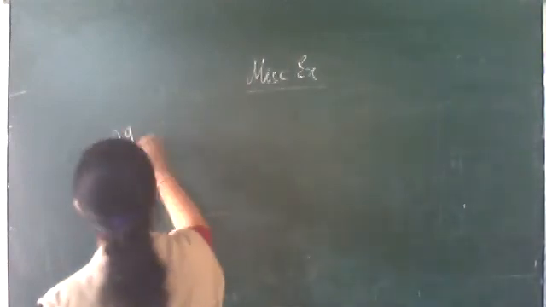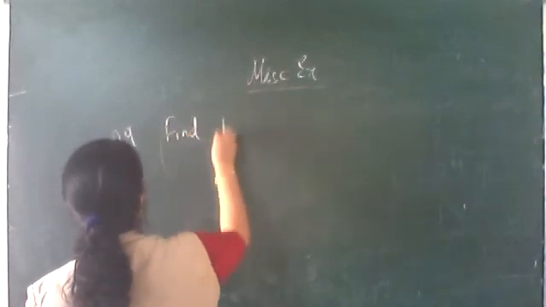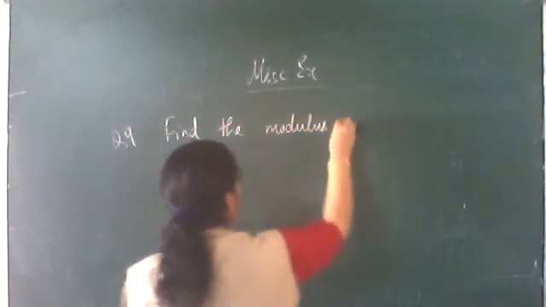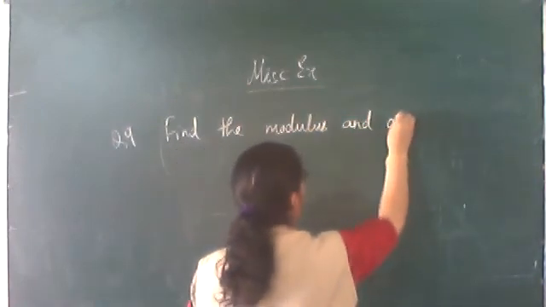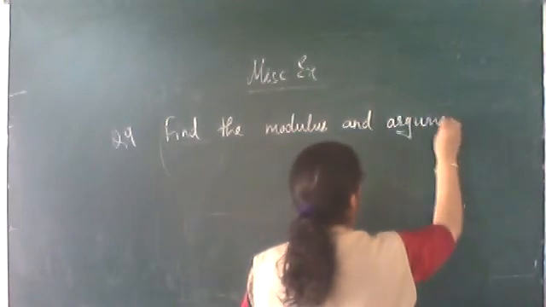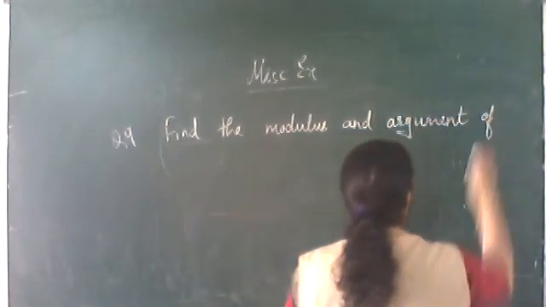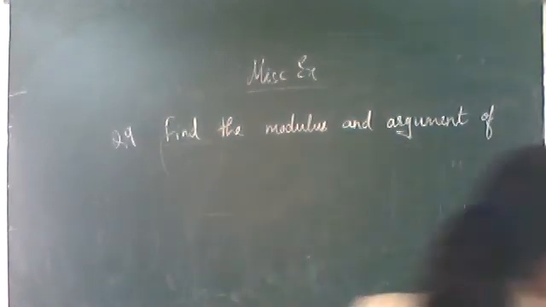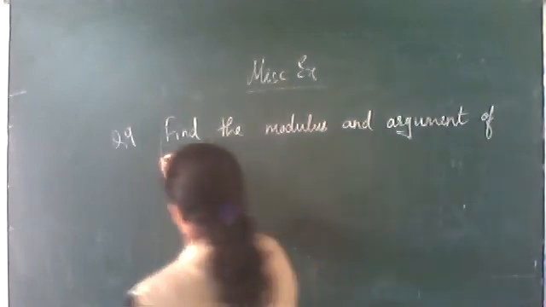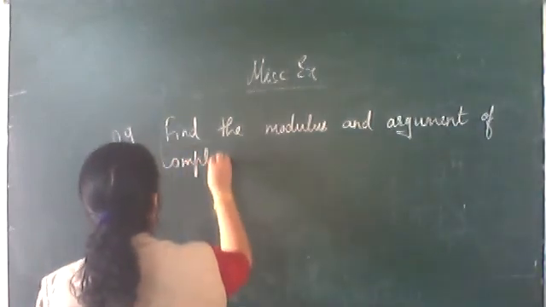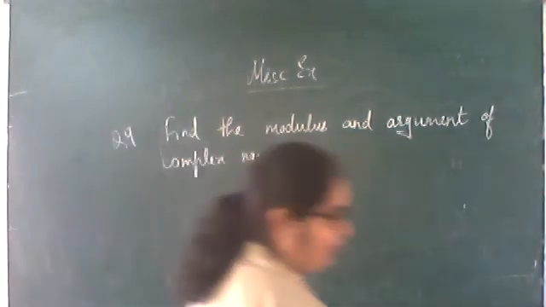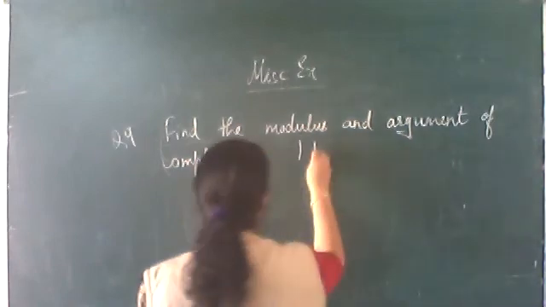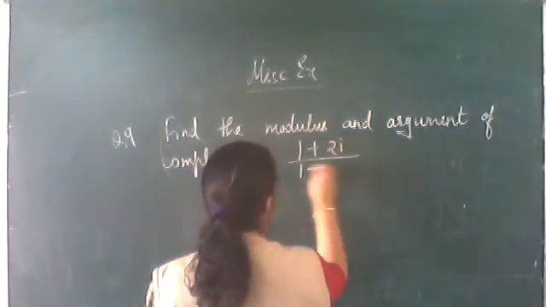What is the complex number? (1 plus 2 iota) upon (1 minus 3 iota).